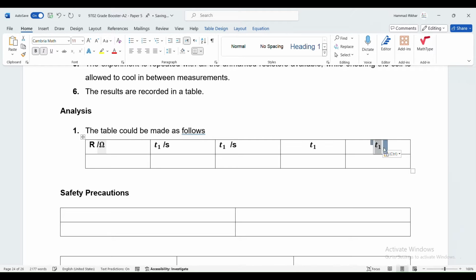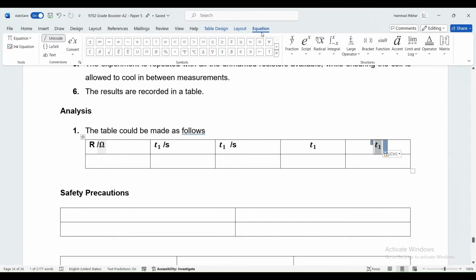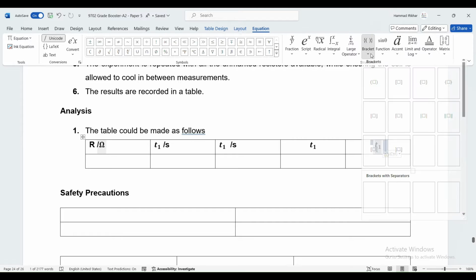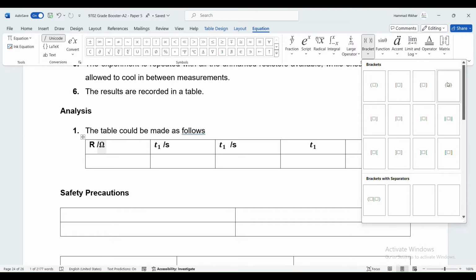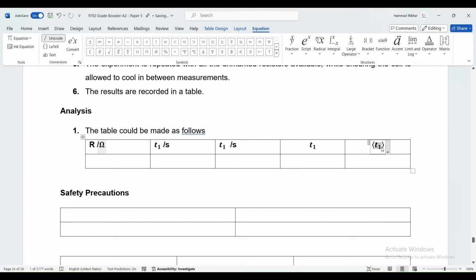Now for this particular one, we can use the average symbol over here. The average bracket, just to show that this was an average, average time, average of each reading basically.